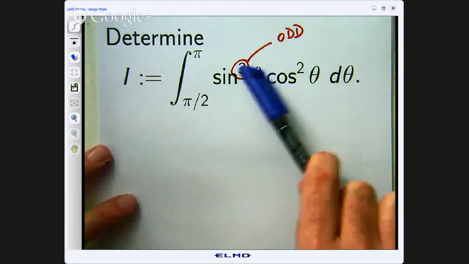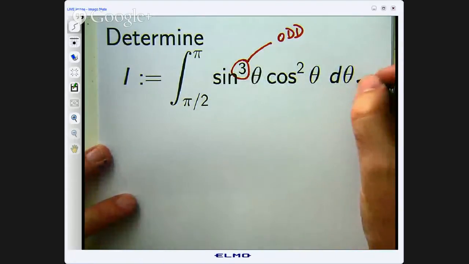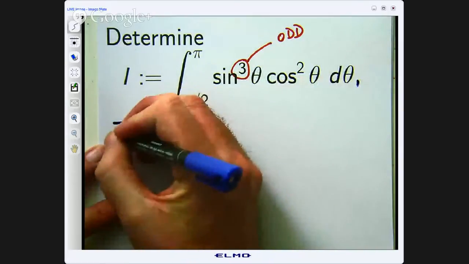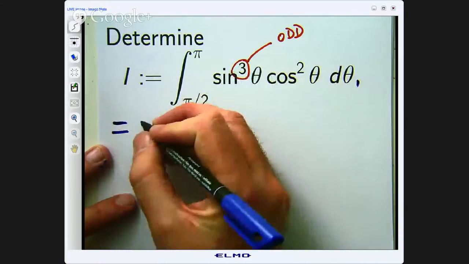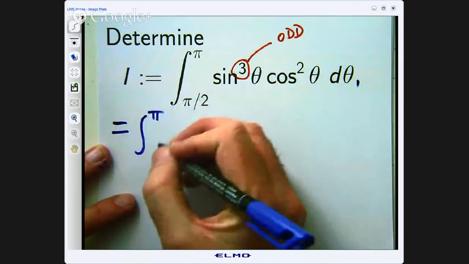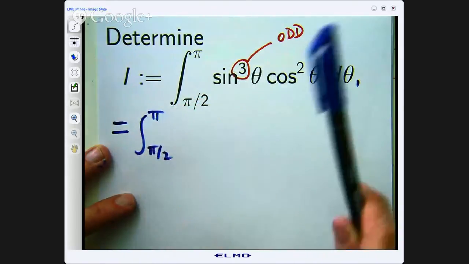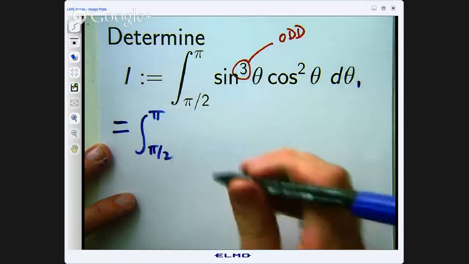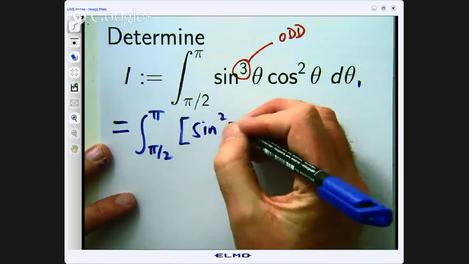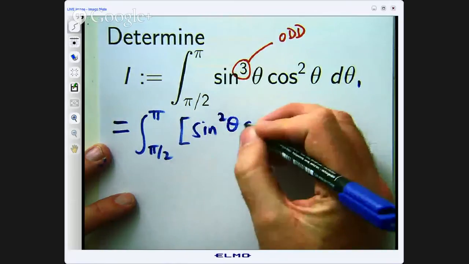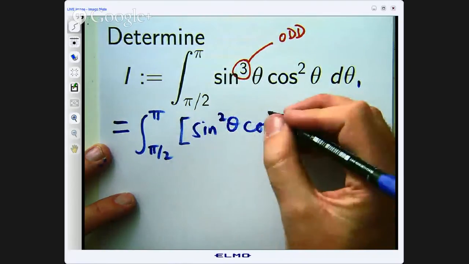Okay, so let's take out a factor of sine, move it over to the d theta, and then, to signify it more, I'll put some square brackets around what's left. Cos squared.